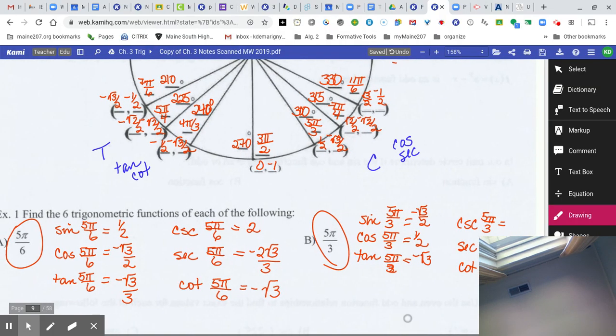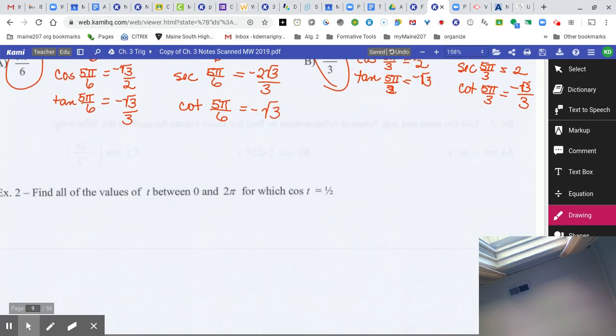And then when I get ready to do their reciprocal functions, the cosecant is a negative 2 root 3 over 3. The secant, reciprocal is a 2. And then your cotangent reciprocal is negative root 3 over 3. And that's how I go through and find the 6 trigonometric functions using the unit circle.